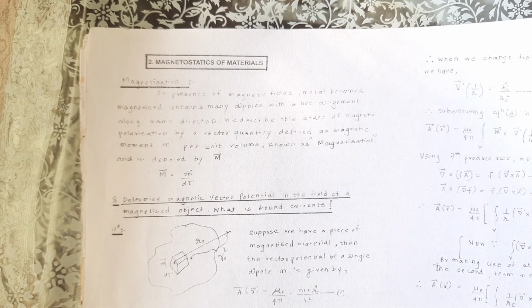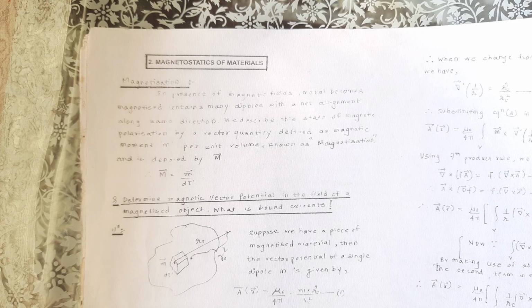In this video, we will see the magnetostatics of materials. First of all, we define what is meant by magnetization. In the presence of magnetic fields, matter becomes magnetized and it contains many dipoles with a net alignment along the same direction.